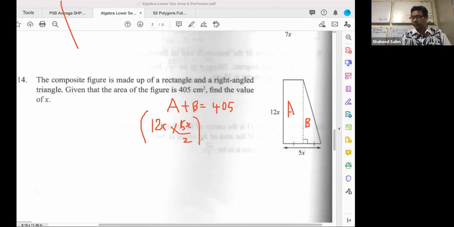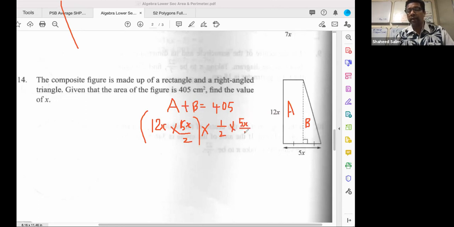This is A. What about B? B is half times base times height, right? Base and height is the same thing. The base is 5x over 2.